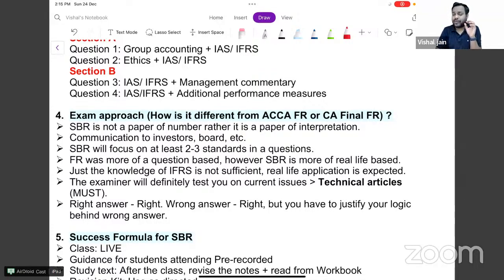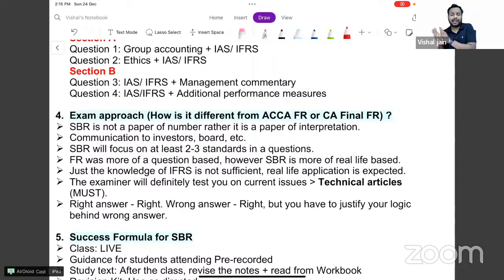In financial accounting, the knowledge level, you understood how to record journal entries, ledgers, trial balance, and prepare basic level financial statements. When you come to skill level financial reporting, there you understand the accounting treatment as per IAS or IFRS, but you get basic level knowledge.